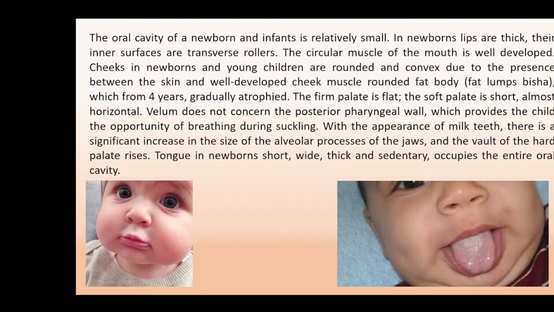Cheeks in newborn and young children are rounded and convex due to the presence, between the skin and the well developed cheek muscles, of a rounded fat body. It's the fat lumps of Bichat. Bichat was a French pediatrician who described this phenomenon many years ago, which from 4 years gradually atrophies.